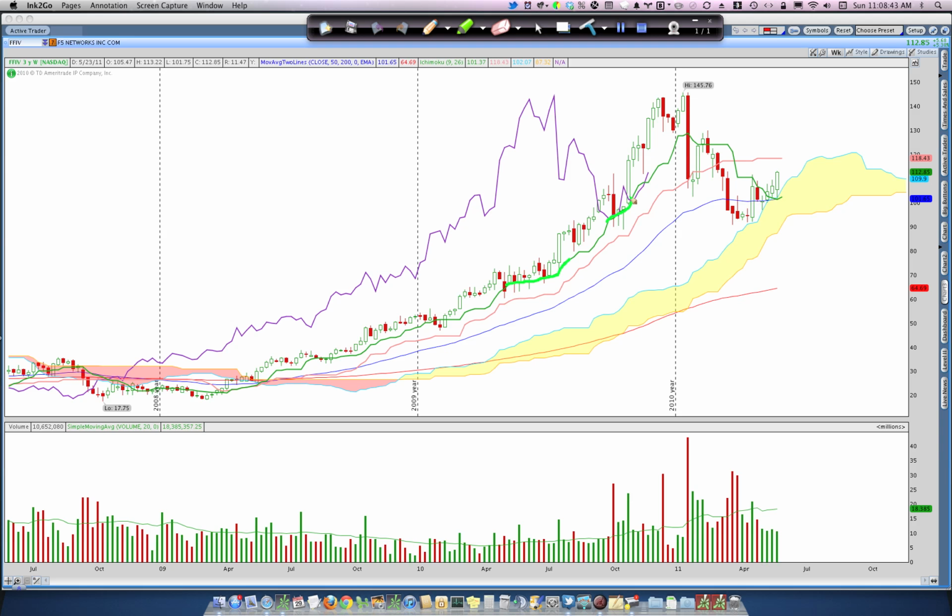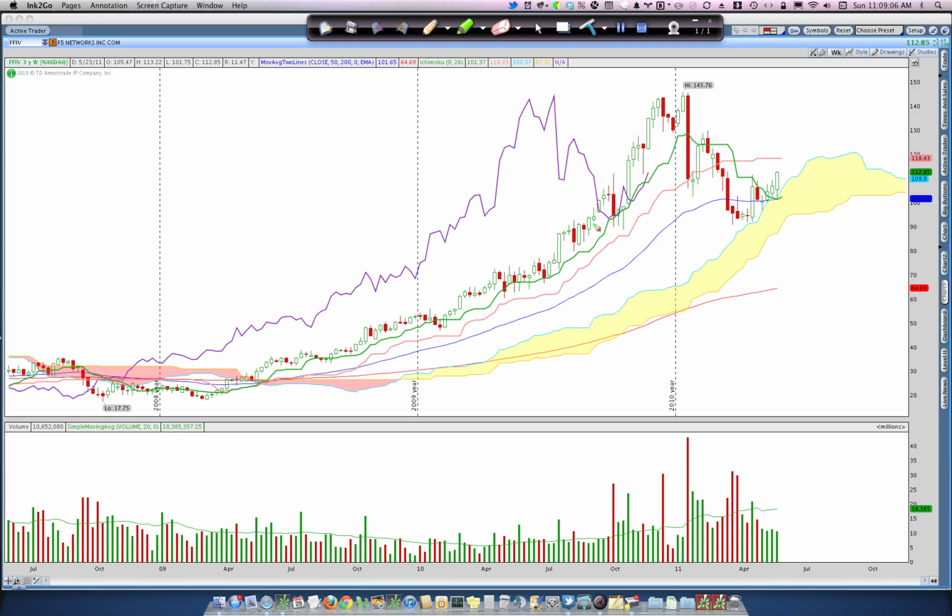It's not as sensitive as the 8 EMA because it's a different calculation. So there's nothing wrong with having the 8 EMA on your chart, or your 10 or your 20, whatever you're used to. But keep an eye, Ichimoku-wise, on the green line and the pink line in this case, the 9 and the 26, being used as support.